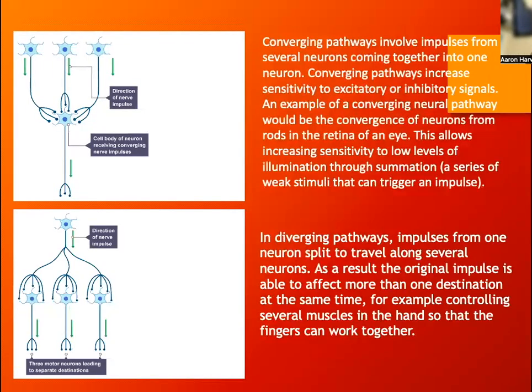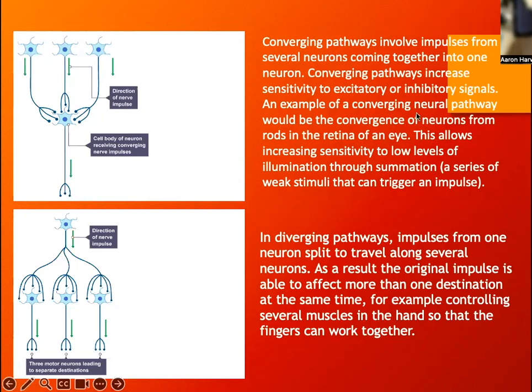So here we're basically going to talk through a few different pathway types, how nerves can interact with each other and how the pathway they take affects their relationship. This first one here is called converging pathways. They involve impulses from several neurons coming together at once. Converging pathways increase the sensitivity to excitatory or inhibitory signals.